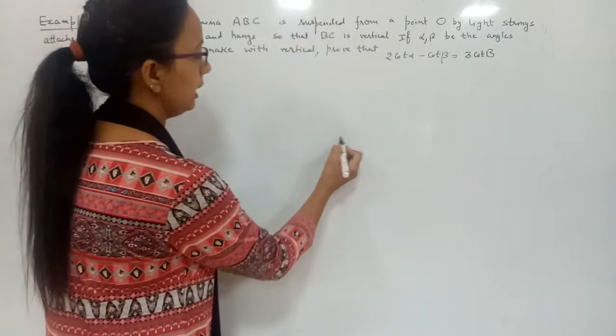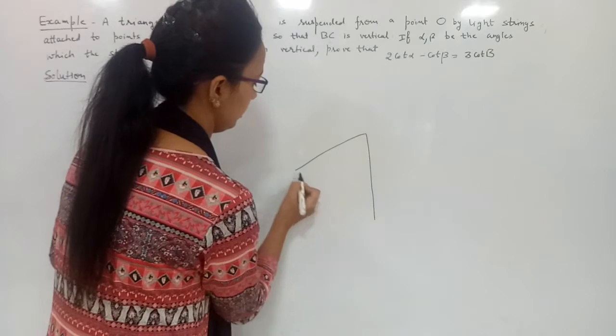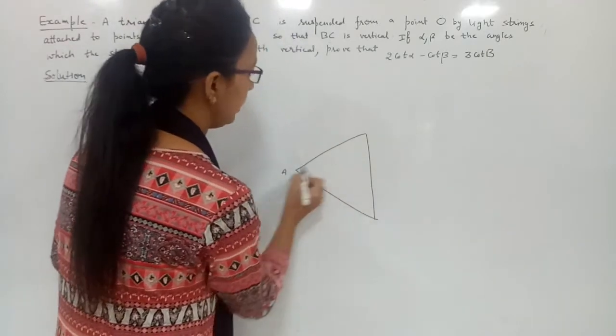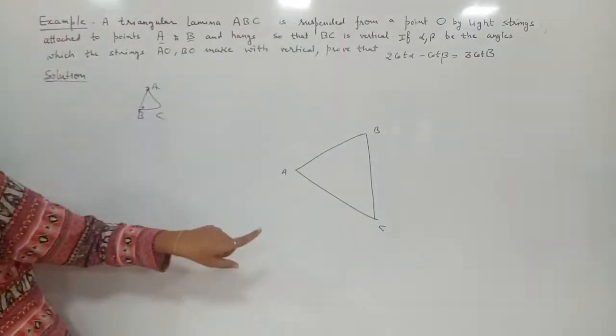So here we have this triangular lamina A, B, C. See now, BC is vertical.